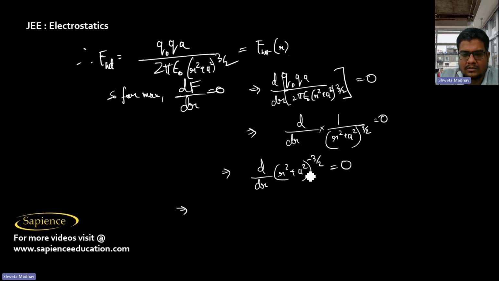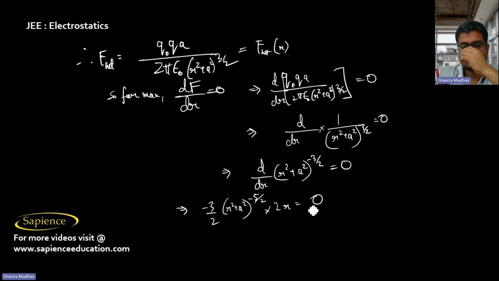So I can say this will be n x power n minus 1. So minus 3 by 2, r square plus a square whole power n minus 1, so it is minus 5 by 2, into 2r. That is equal to 0.